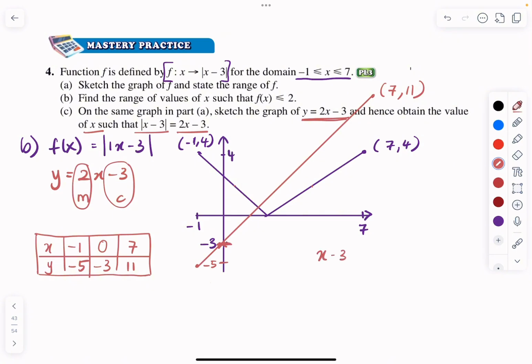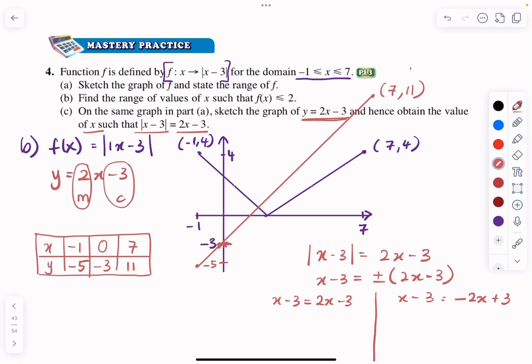So |x - 3| equals 2x - 3. When you move the modulus over that side, we will get plus minus (2x - 3). So you have to solve it separately. One is positive, one more is negative 2x plus 3. Let's make x the subject. We bring x here and the negative 3 here. So we get x equals negative 3 plus 3, which is 0.